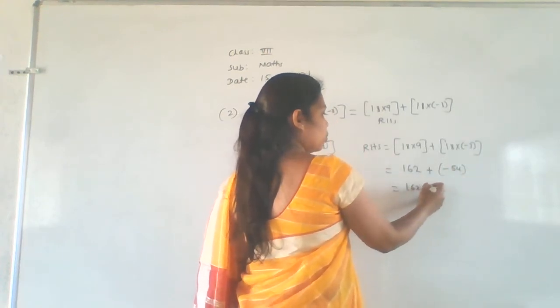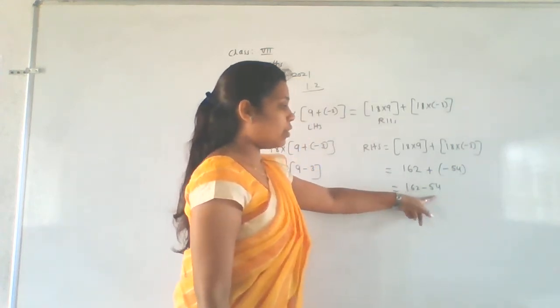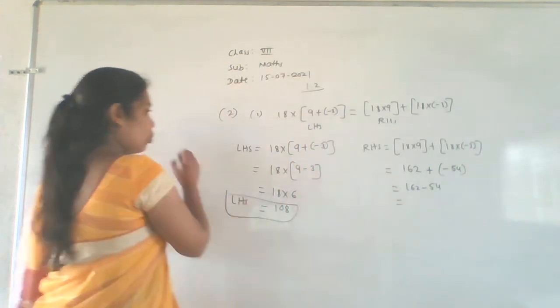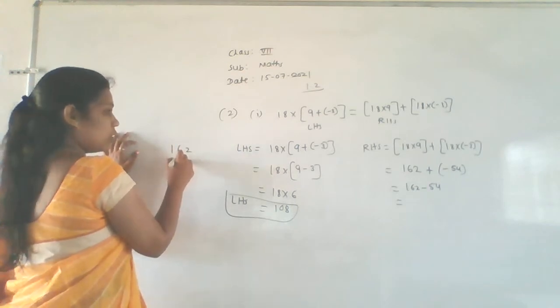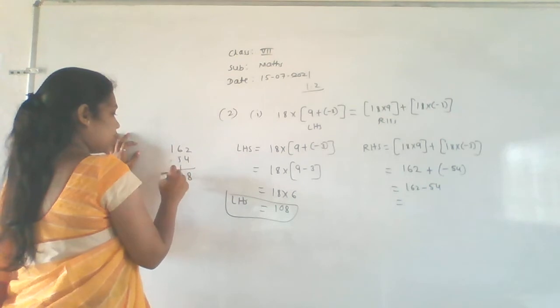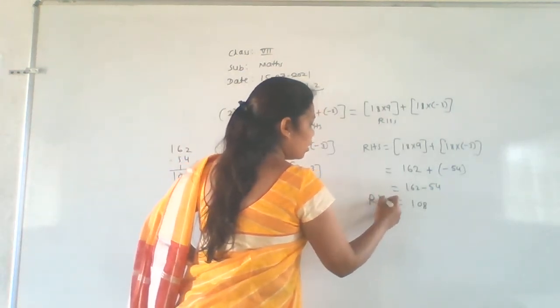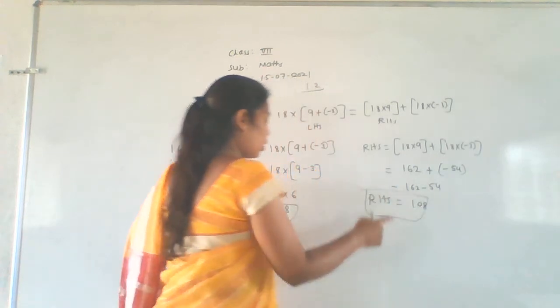So now 162 minus 54. Subtract and write. 12 minus 4 is 8, 6 minus 6 is 0, that is 108. Right? So RHS is equal to 108.